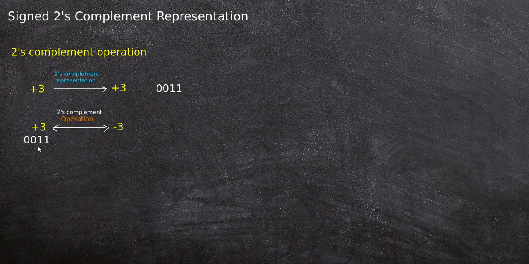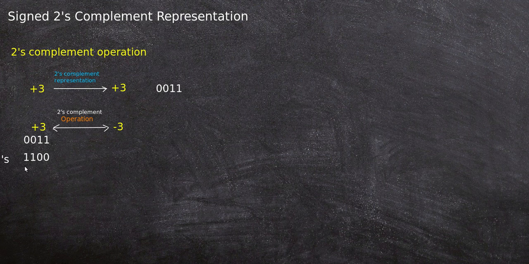First of all, we will make its 1's complement. We apply the 1's complement operation on this. What happens? Each and every bit of this representation is complemented. So after the 1's complement operation, it becomes like this, including the sign bit. All of these bits we have just complemented.